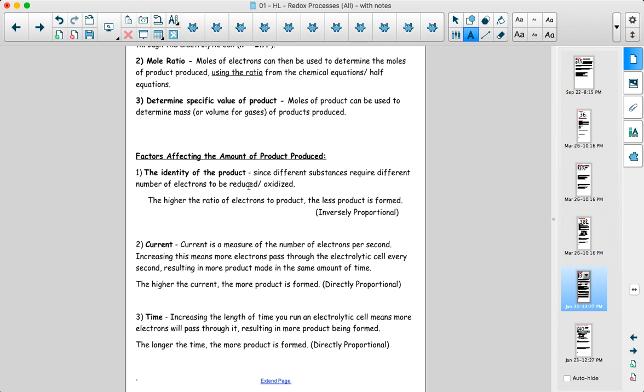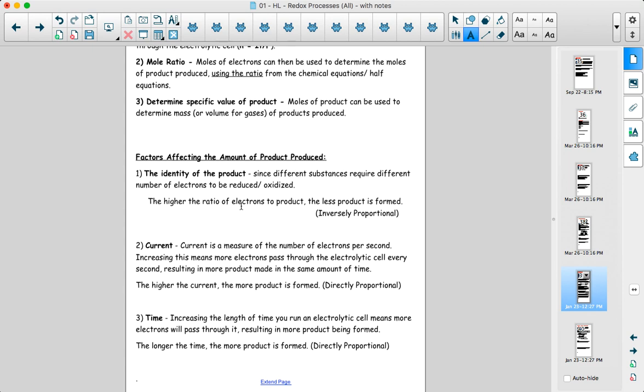So clearly, different values affect how much product you are going to produce. This is a common paper 1 question. The identity of the product has a big effect on how much you're going to produce in electrolysis, and really the higher the ratio of electrons needed, the less product is going to be formed for a given amount of electrons. So it's actually an inverse relationship.